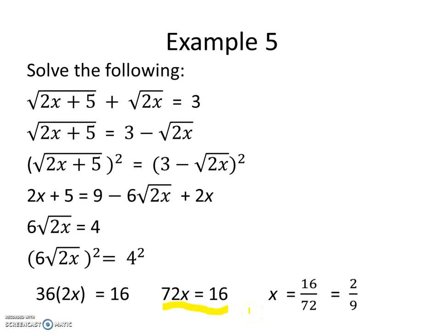Dividing both sides of the equation by 72, we find that x equals 16 over 72. When we reduce that by taking 8 into 16, which is 2, and 8 into 72, which is 9, we find our reduced answer for x equals 2/9.